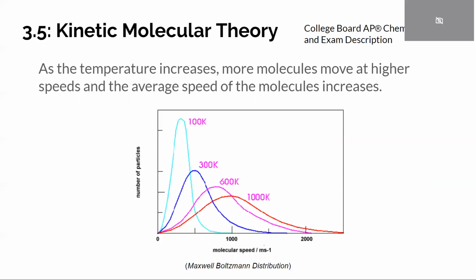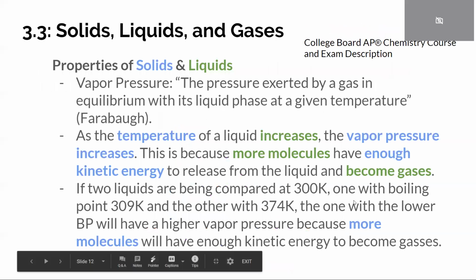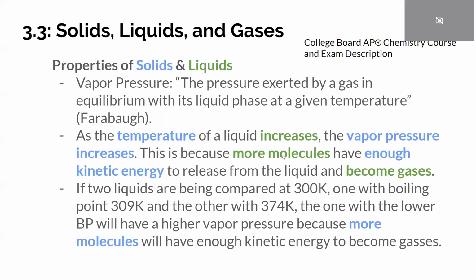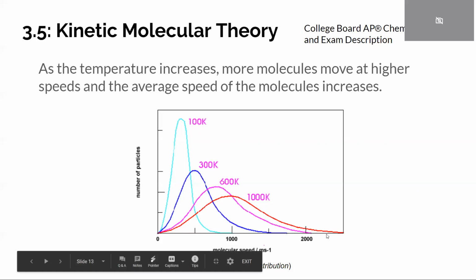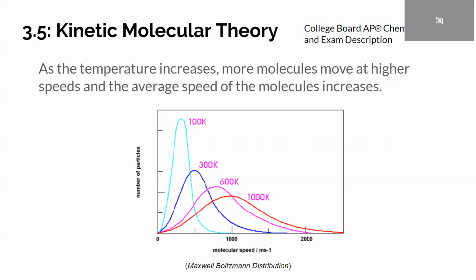That explains why as the temperature of a liquid increases, the vapor pressure increases. This is because more molecules have enough kinetic energy. See, moving way past 2,000 compared to 1,000 is a huge difference.